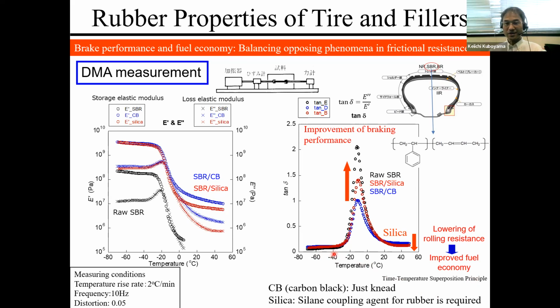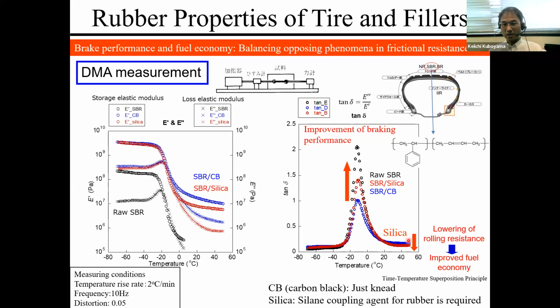Based on such a rule, the rolling resistance property is related to tan delta at around 60 degrees Celsius. So this property is important for rolling resistance.